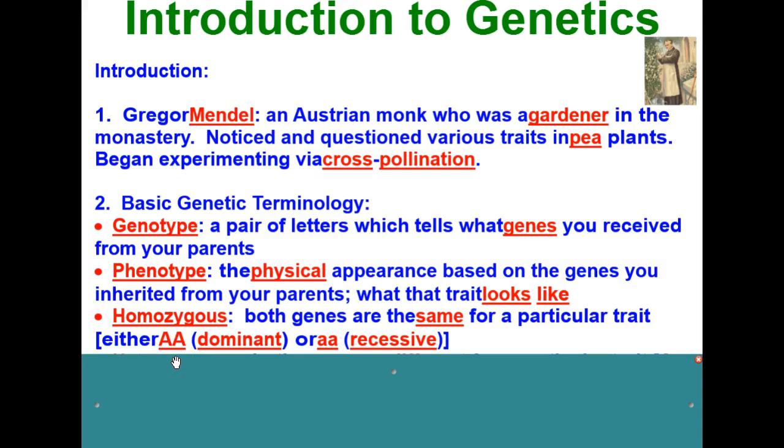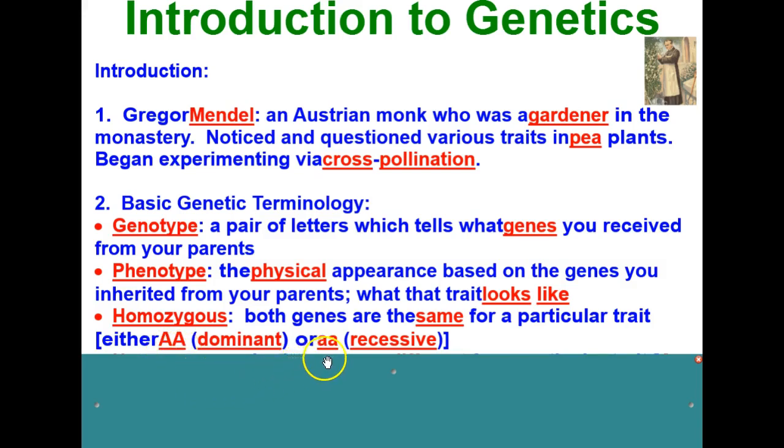Dominant is given the capital letter, whereas recessive is given a lowercase letter. A recessive trait is given a lowercase, and a dominant trait is given the uppercase of that same letter. So a homozygous dominant would be a genotype that is the same for a particular trait. So it has 2 A's. You got one A from your mom, and you got the other A from your dad.